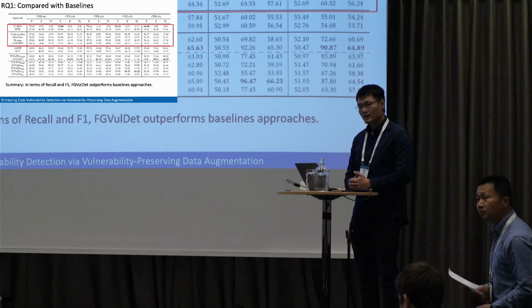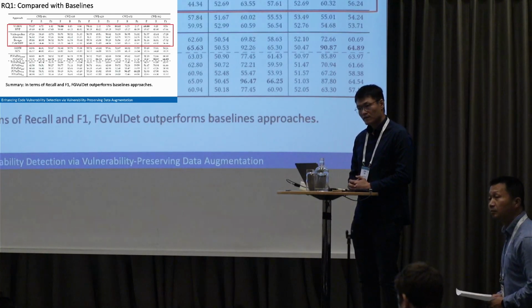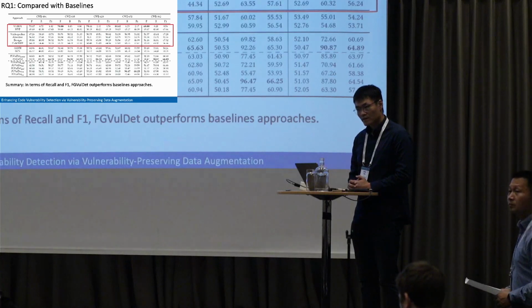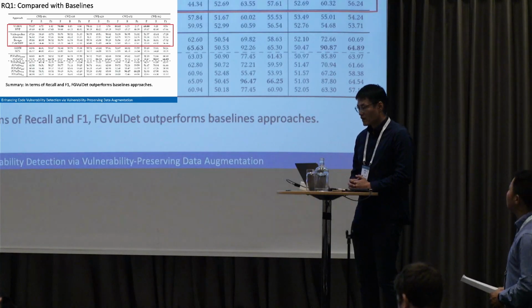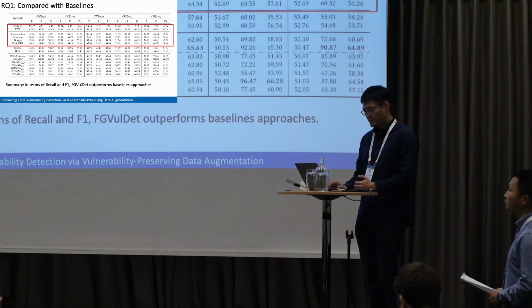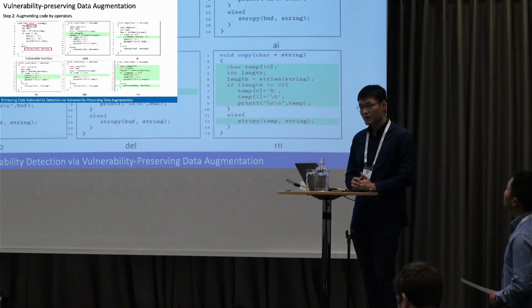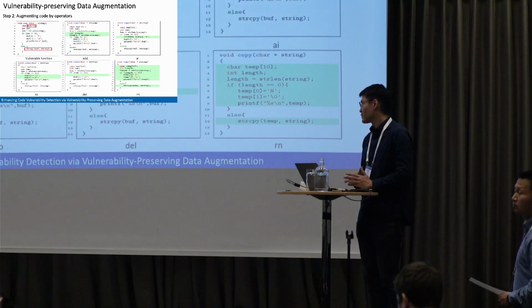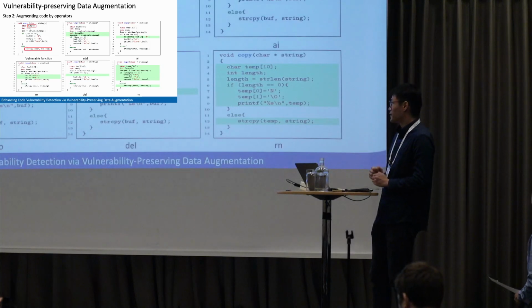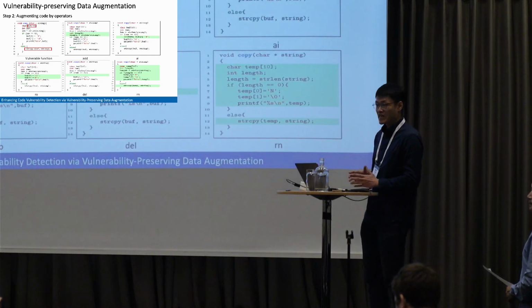You said you have a preservation of the vulnerability. So do you provide any guarantee of this? That is a good question. Actually, if you check out the defined mutation operators, you can find the semantics of the partial code remains unchanged.